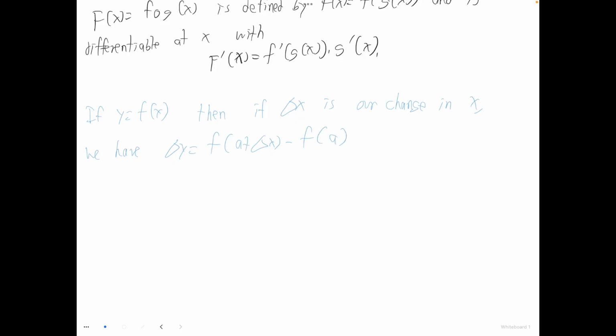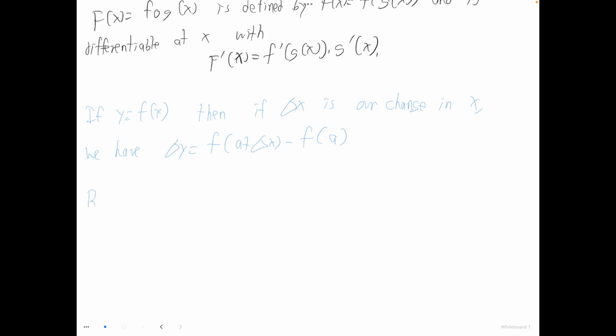This is something we've seen before. It's just saying that if we're changing our value of x from a by some value delta x, then our change in y is just the difference in f at the point a plus delta x minus f of a.